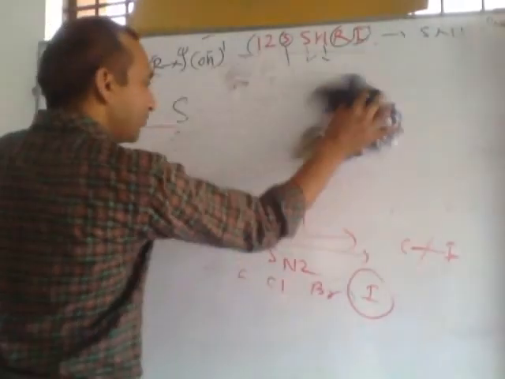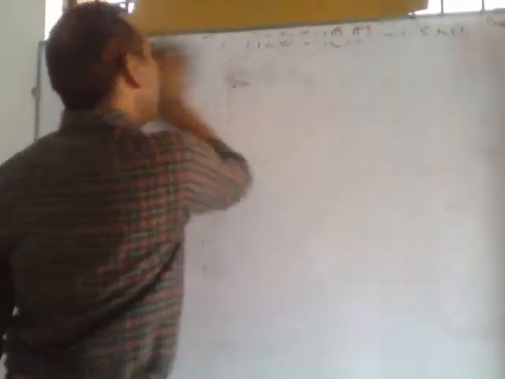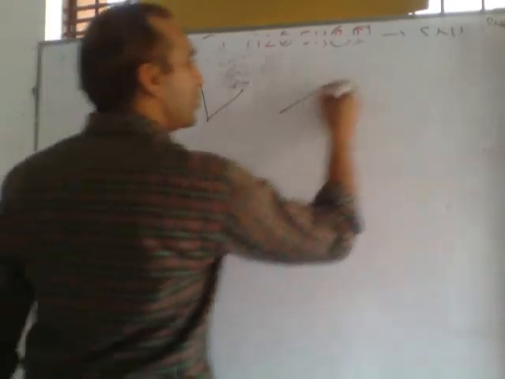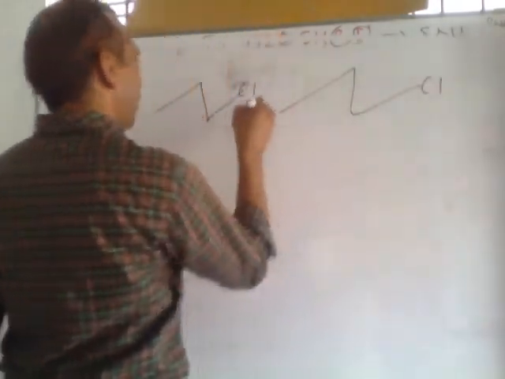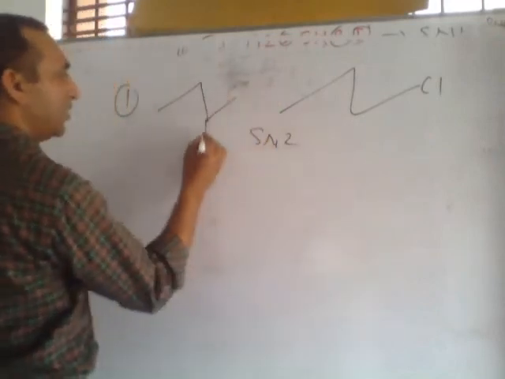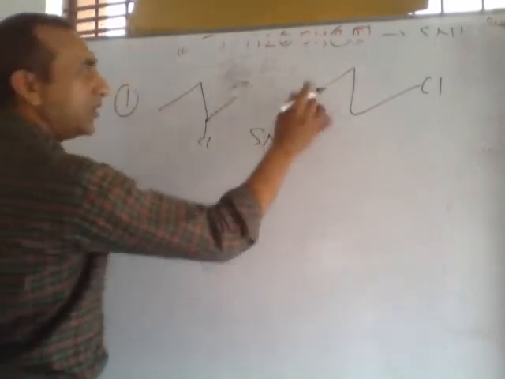Suppose I am giving you 1, 2, 3 homework assignments. Number 1, out of these two, which will give the SN2 reaction faster? Suppose this one and this one.